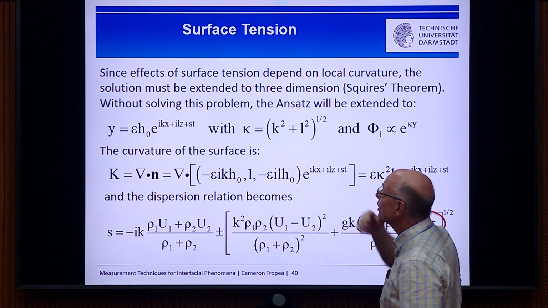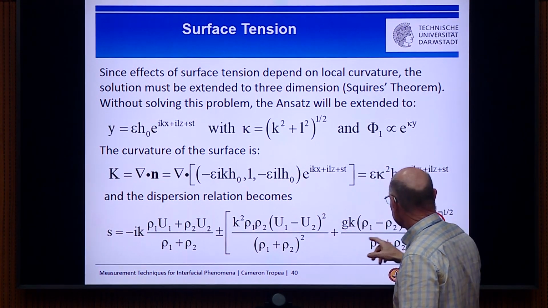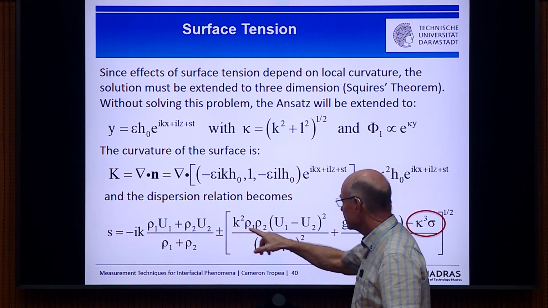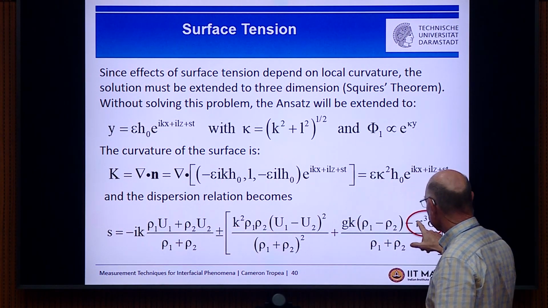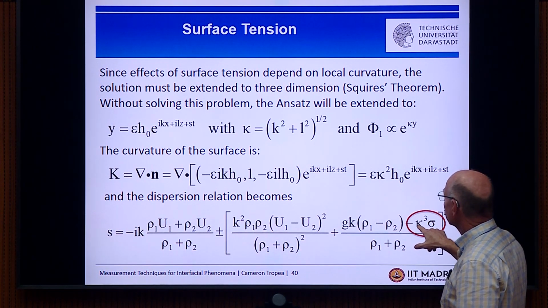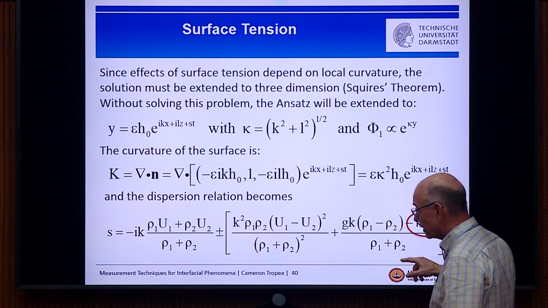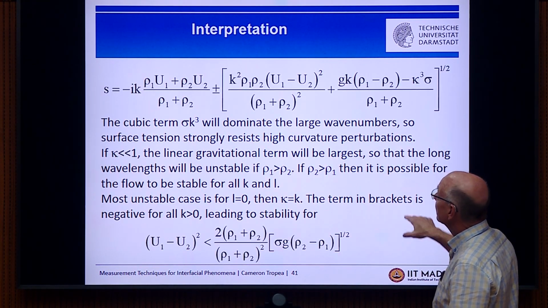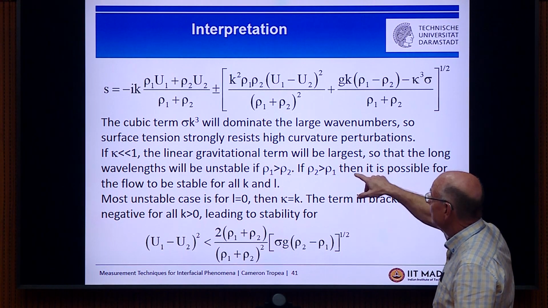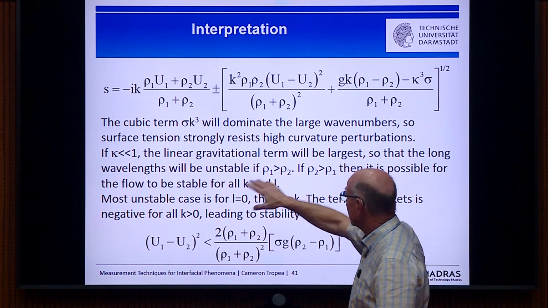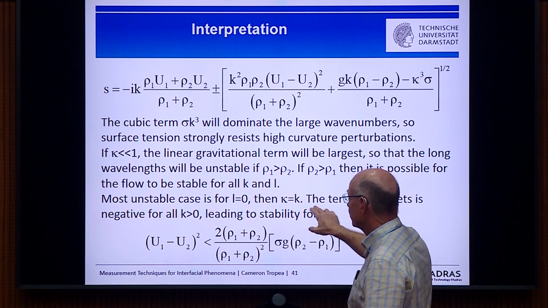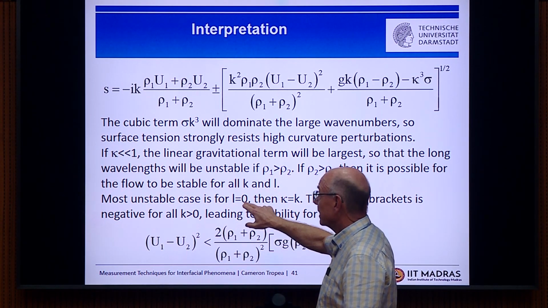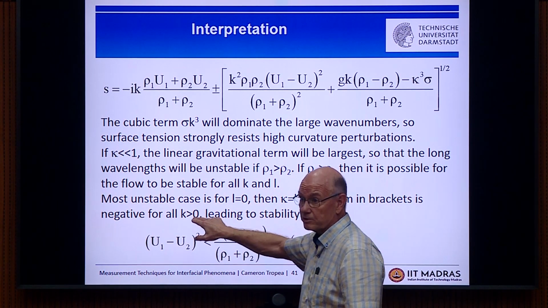And basically, to be quite honest, this is okay. It's all in here. But basically, when I went to use that, here I've added it, and here I've said if it's small, and then at one point I put, for the most unstable case, L is equal to 0, and then we can go back to using kappa.